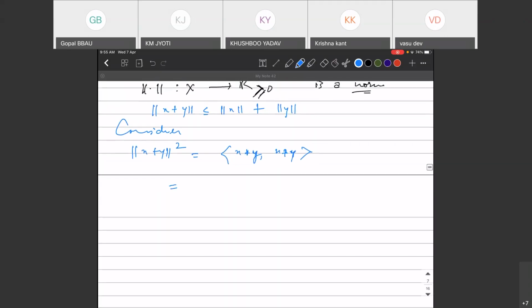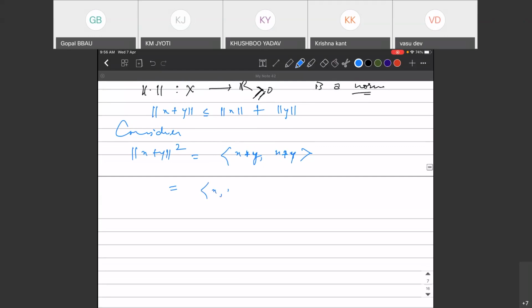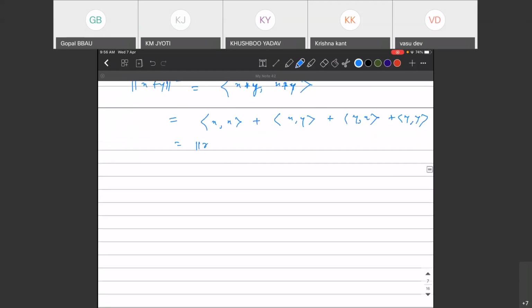This will be ⟨x,x⟩ + ⟨x,y⟩ + ⟨y,x⟩ + ⟨y,y⟩. Correct? So this is ‖x‖² + ⟨x,y⟩ + ⟨y,x⟩, which is ⟨x,y⟩ bar, plus ‖y‖².